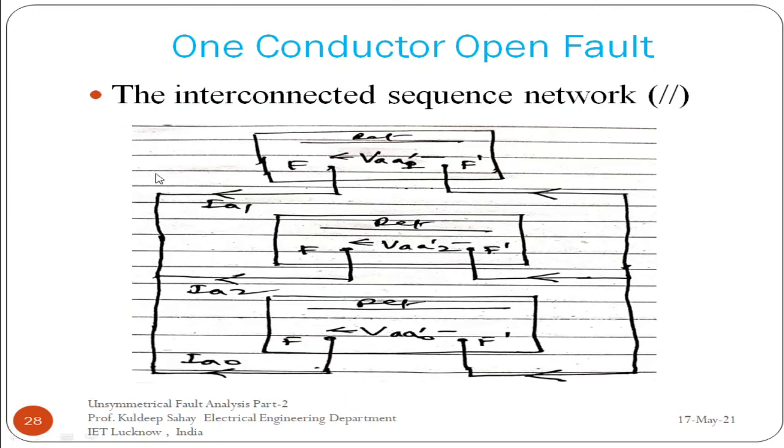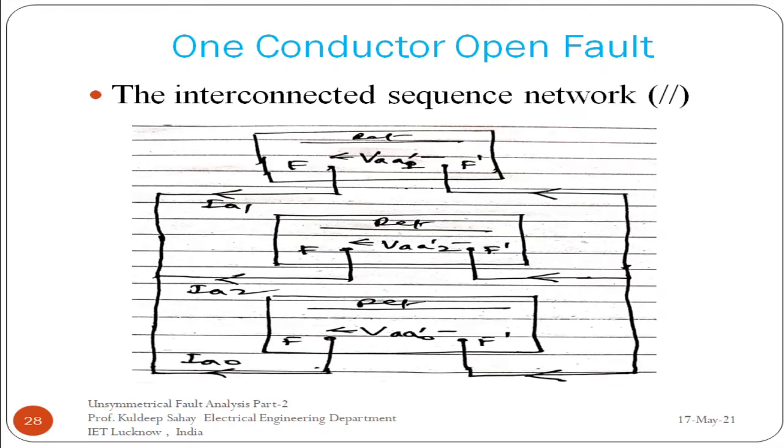Here all of these have been connected in parallel to each other, and the first condition for the current is IA1 plus IA2 will be equal to minus IA0, or IA2 plus IA0 will be equal to minus IA1. So this is the interconnection of the sequence networks for the open conductor fault.